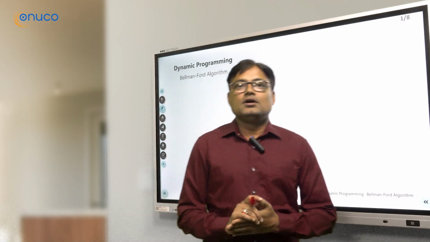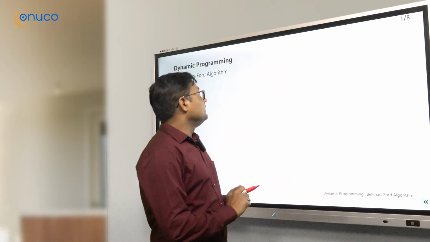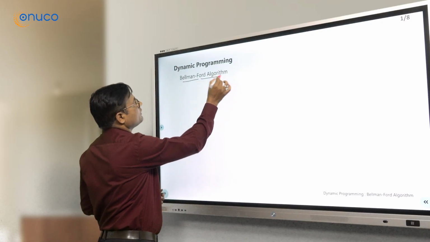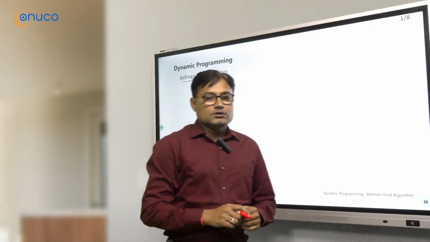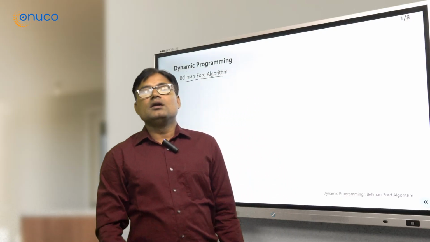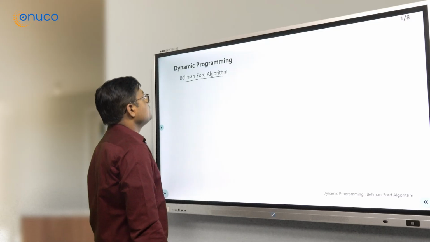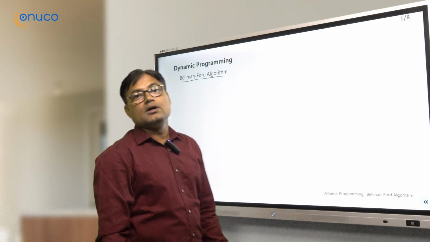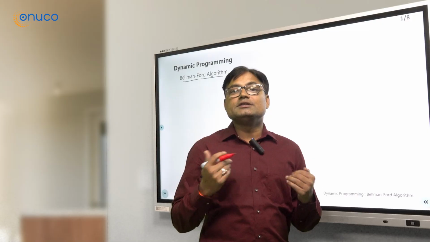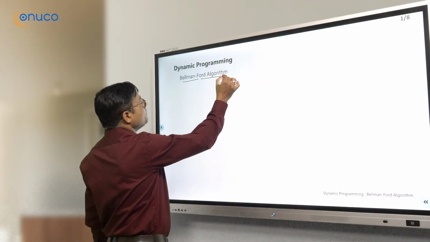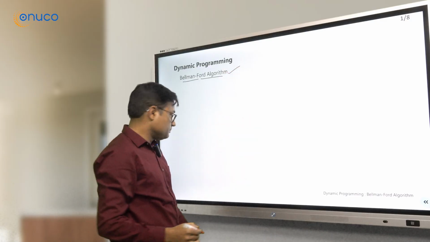Hello friends, now we are going to learn dynamic programming under that Bellman-Ford algorithm. If you remember, earlier we have already learned Bellman-Ford algorithms and Dijkstra algorithms, right? Dijkstra is called single source shortest path, while Bellman-Ford is also a single source shortest path.